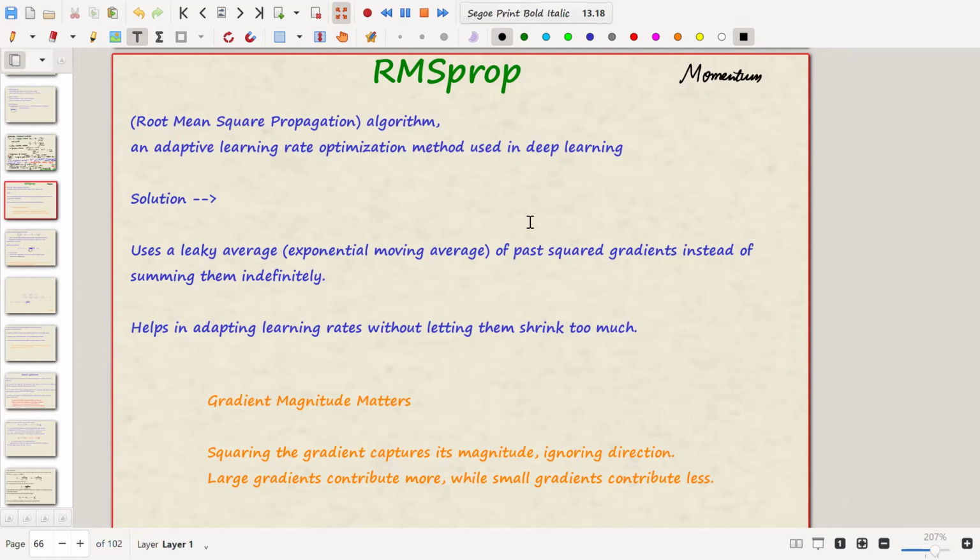Now there is another algorithm which we won't compare with momentum, but it is somehow better. It is another class of method known as RMSProp, root mean square propagation. It is also an optimization technique, but most importantly, it is also used in deep learning.